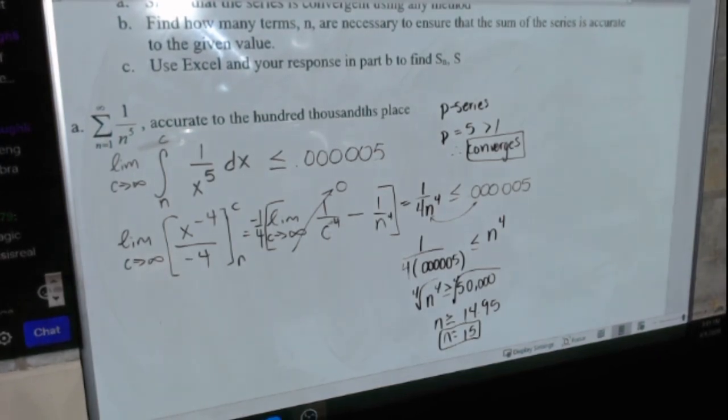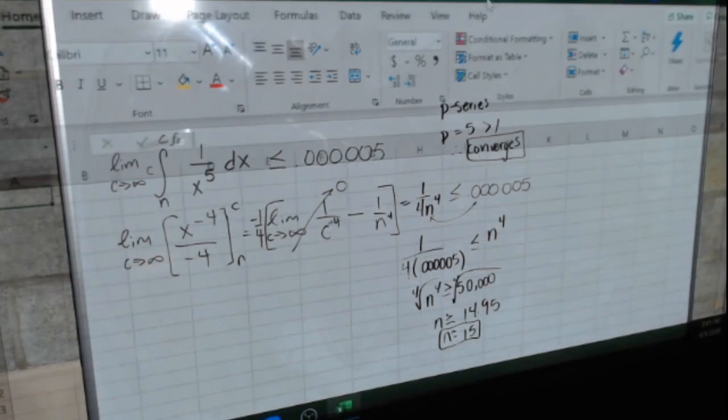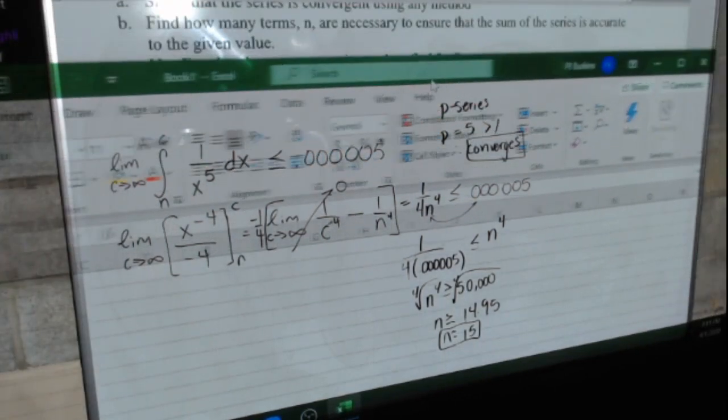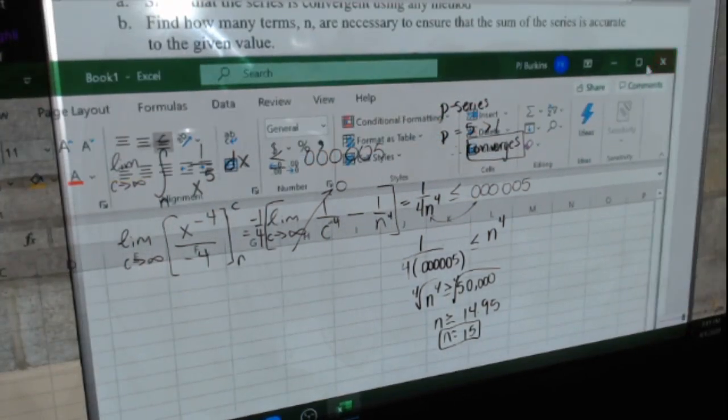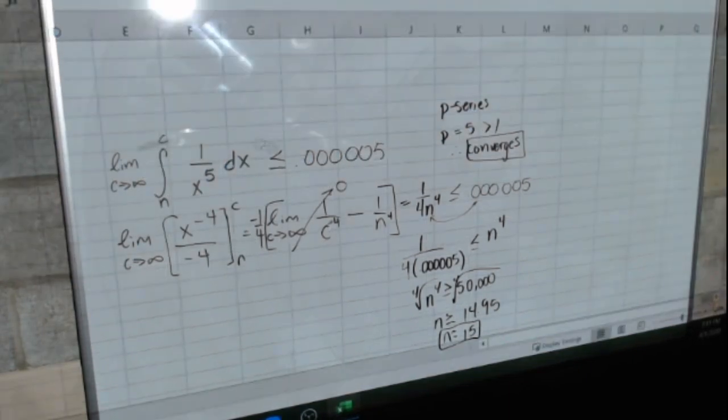So let me pull up Excel. Let's see if we can figure this out. Alright, I guess we'll just start here in the E, since it's the first one on the board.